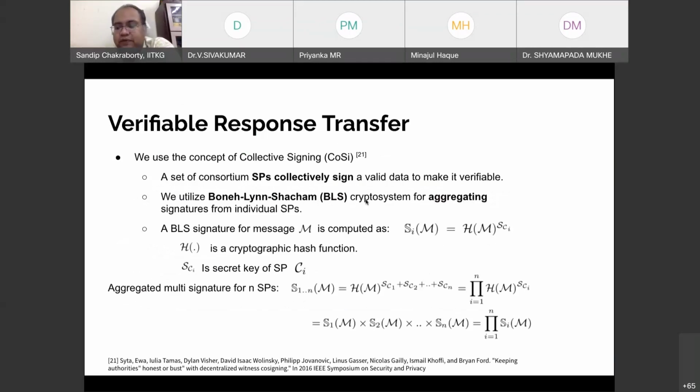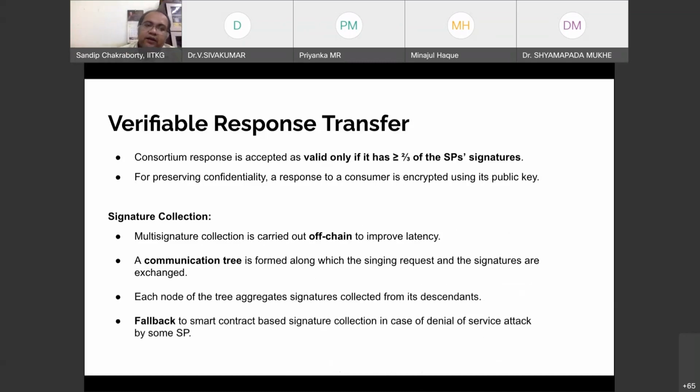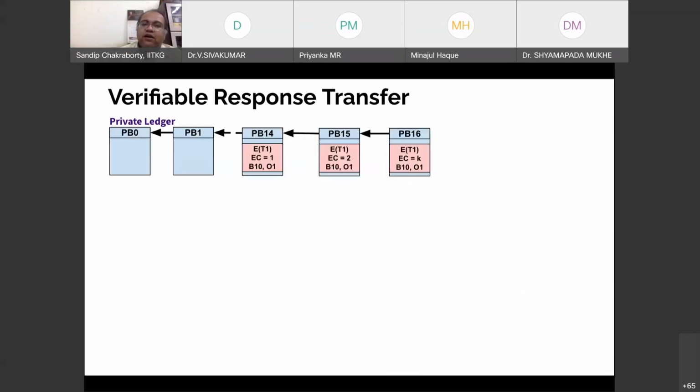Again, in the interest of time, I am not going into the details of the BLS crypto system, but in broad terms, it is a method where multiple parties sign a common message, and that collective signature is transferred along with the message. So the consumers or users will verify that collective signature to see whether the message is correct or faulty. So this is the method for transferring the response using the collective signature.